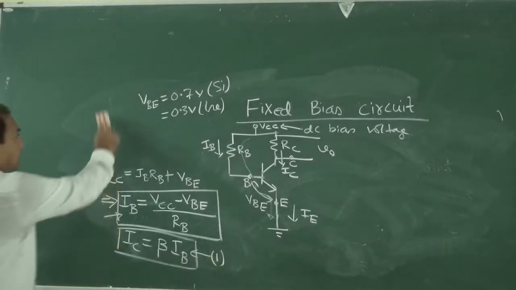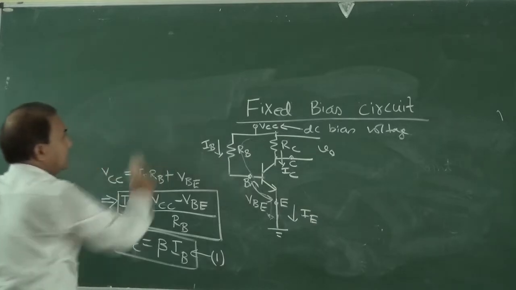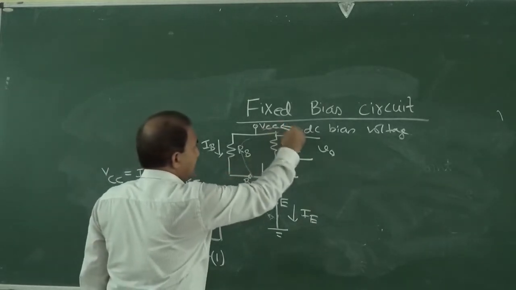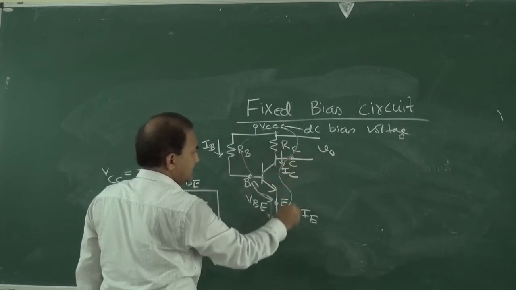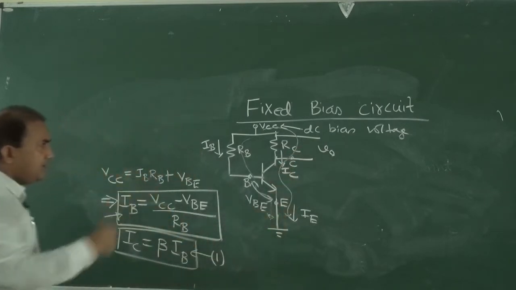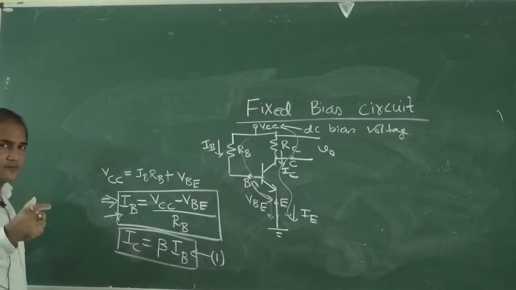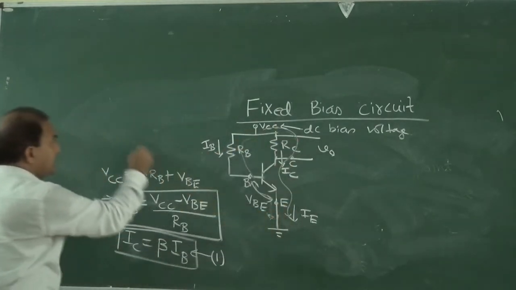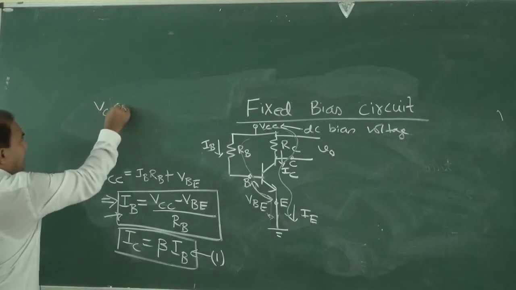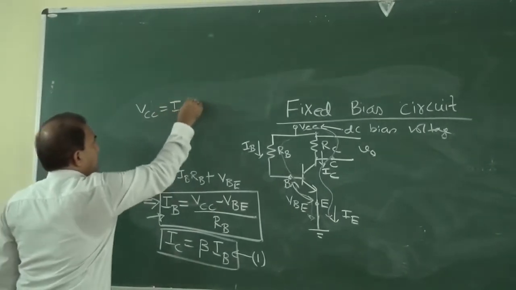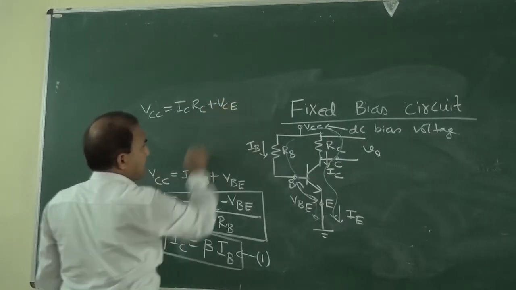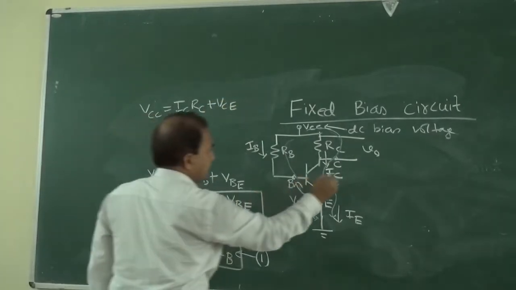Then we will see this loop, VCC, RC. Applying Kirchhoff's voltage law for the output section, VCC is equal to IC RC plus VCE.